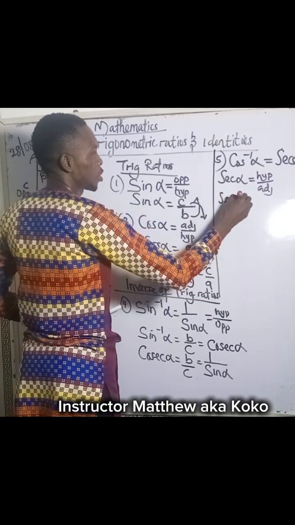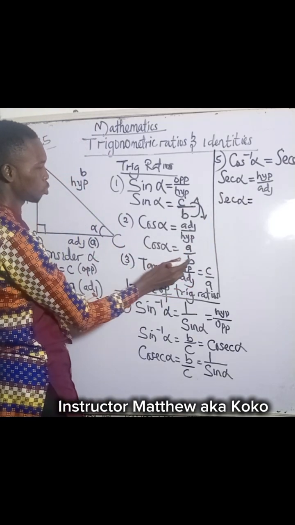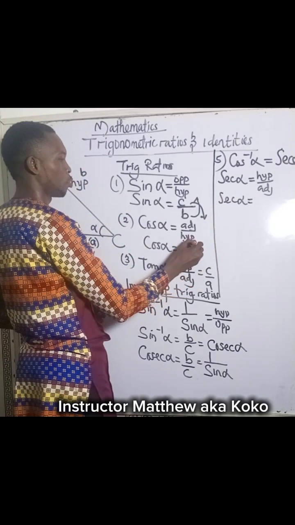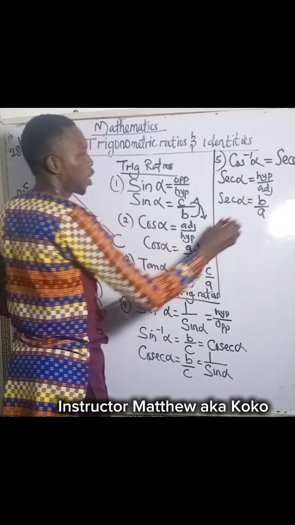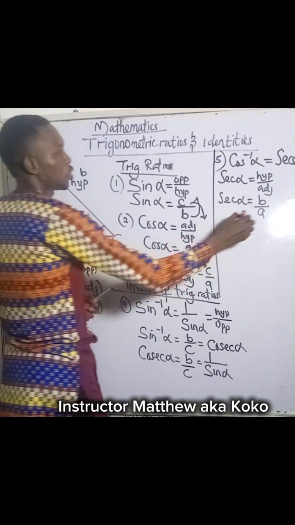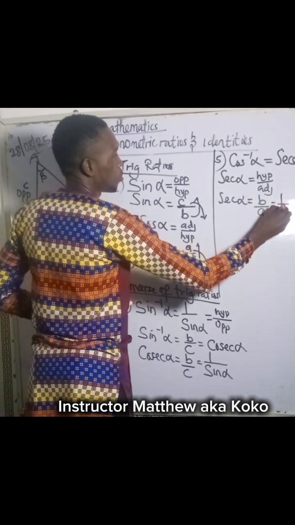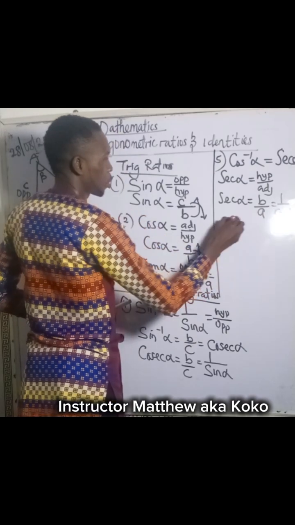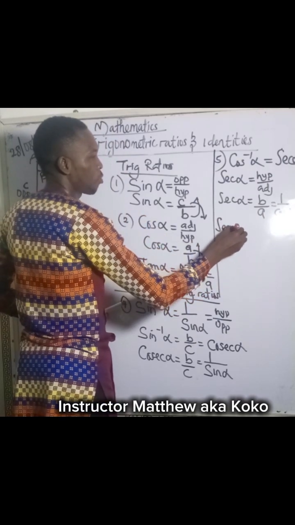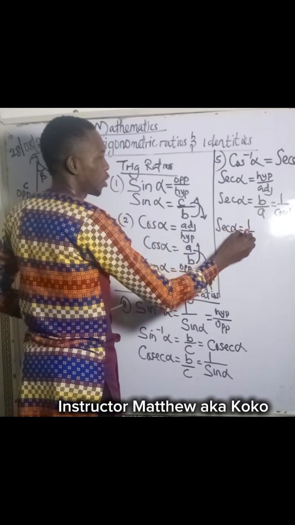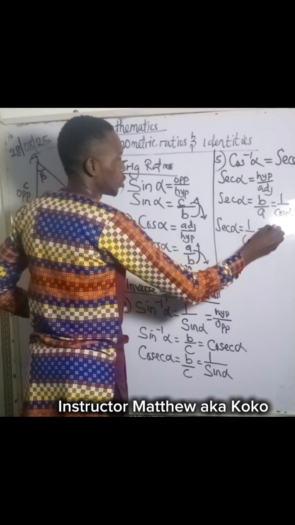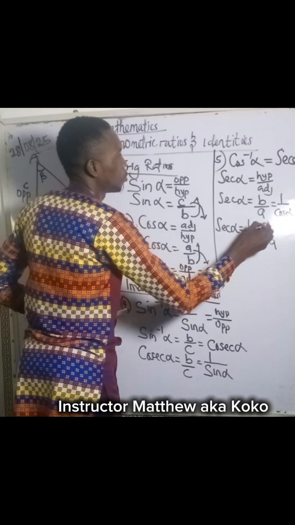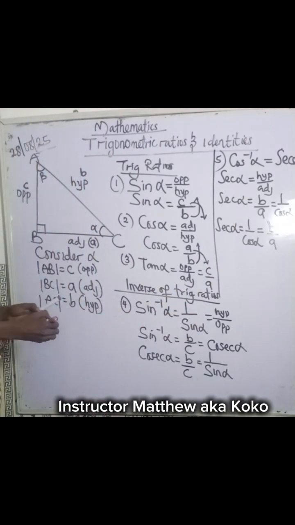Therefore the secant of this angle is equal to b going up and a coming down, that is b divided by a, which is the same thing as 1 divided by cos alpha. So sec alpha is equal to 1 divided by cos alpha, which is equal to b divided by a. Okay, you are doing well.